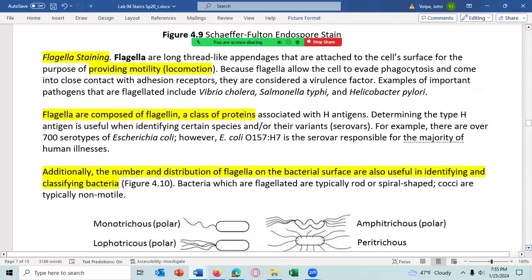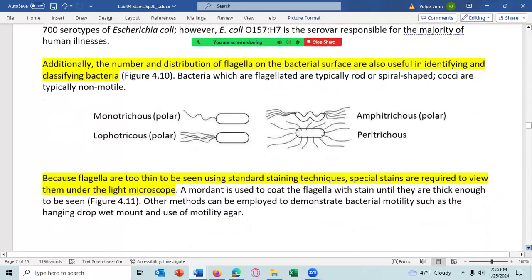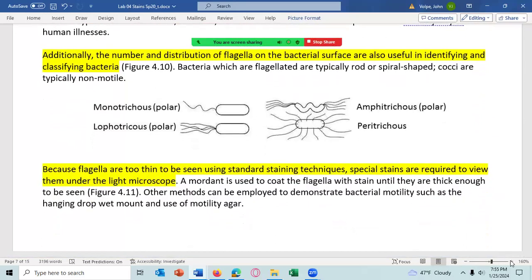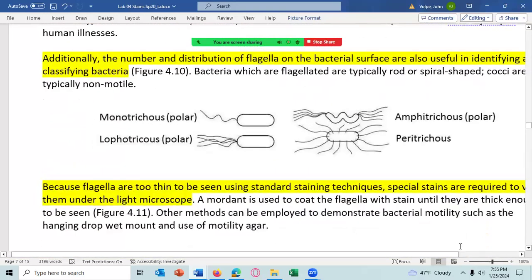You can state the number of flagella by giving their flagella arrangement. Let me shrink that a little. And now let me blow it up. You can have flagella on only one side, and that we call monotrichous flagella. Lophotrichous flagella are several flagella all located on one side of the cell.